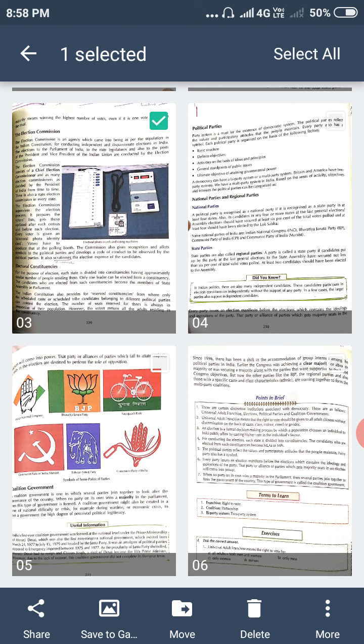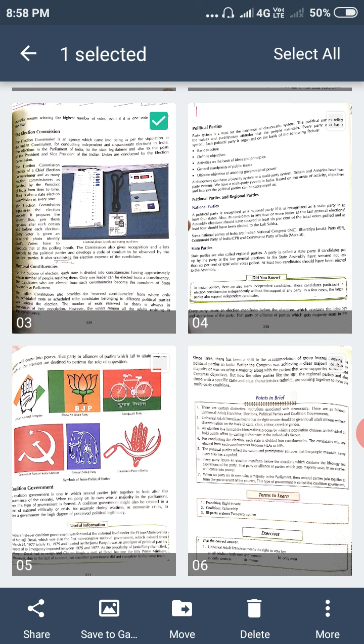Now, in a particular constituency, if a member of parliament dies or resigns due to some reason or circumstance, then in that constituency, fresh elections will be held even before the completion of its term.